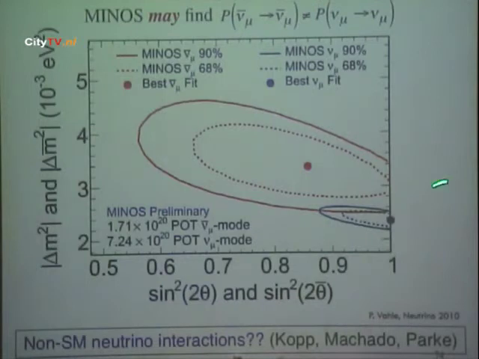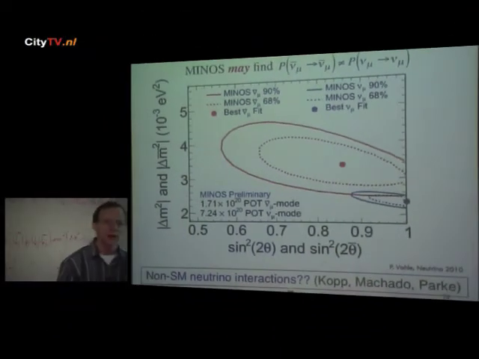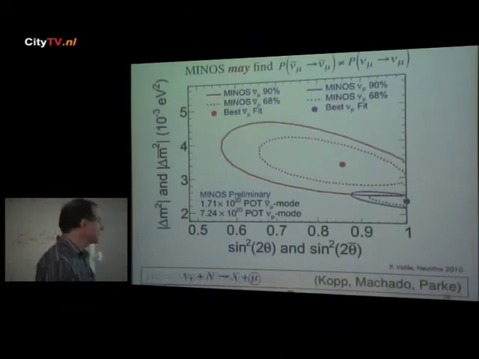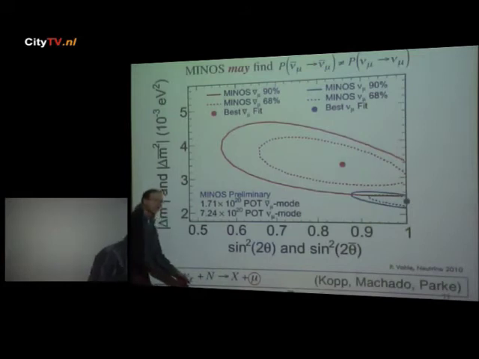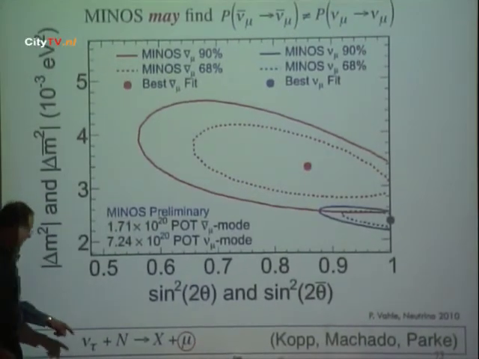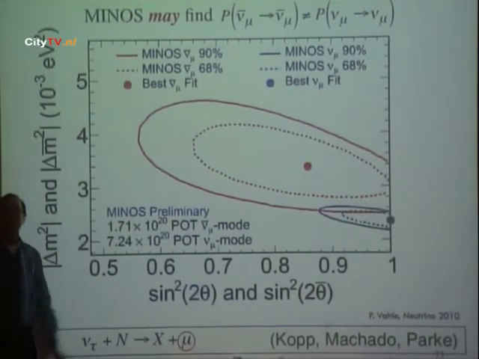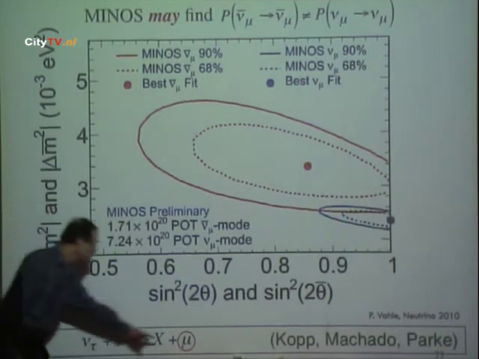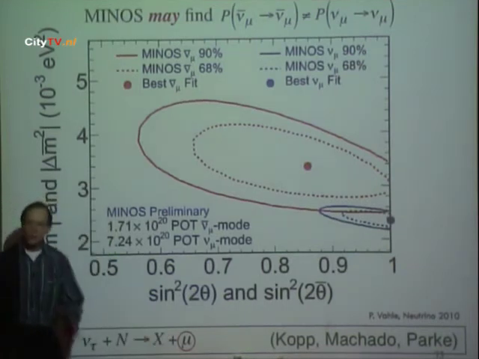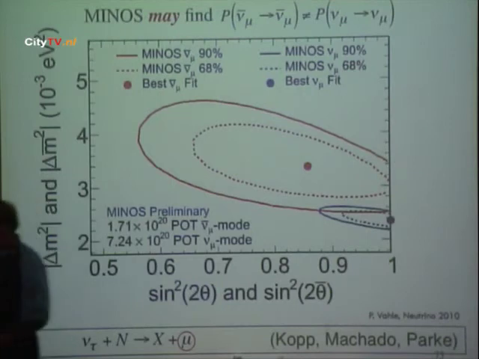These people have shown that non-standard neutrino interactions can explain this disparity. And the non-standard interaction that they have used to explain it is one in which a nu tau, when it reaches the detector, makes, contrary to what I said at the beginning, not a tau, but a muon. That does not happen in the standard model.